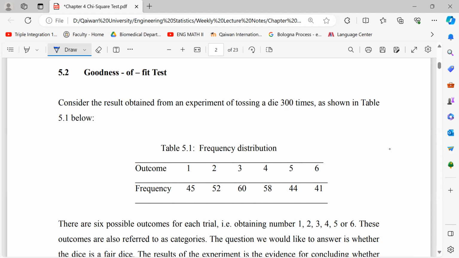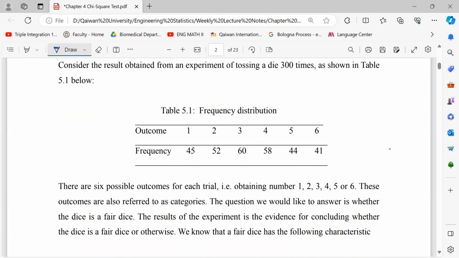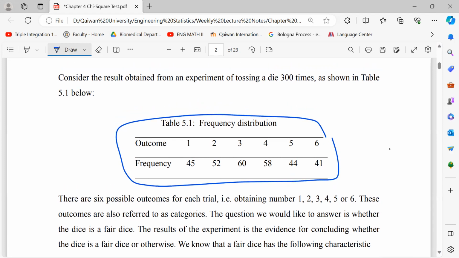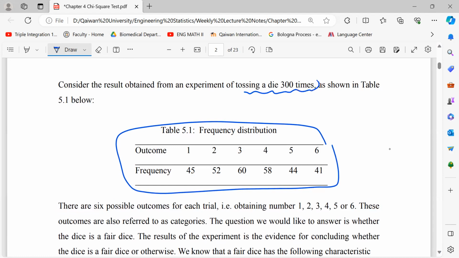Six outcomes here. Here we have a table. In this table, it says, in throwing or tossing a die 300 times. When we have one die, we throw it 300 times.